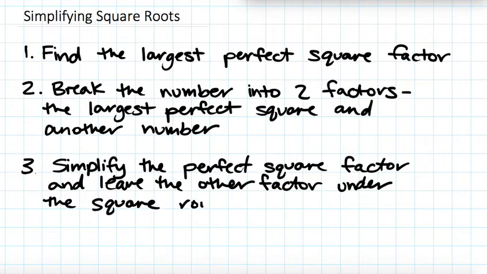So the other number should be a number that's not a perfect square. If it is a perfect square, then that tells you that your original number itself was a perfect square. And so you can just take the square root of that number on your calculator and it should come out to be a whole number.